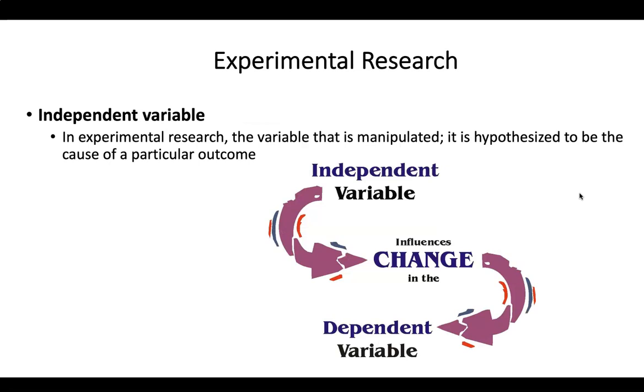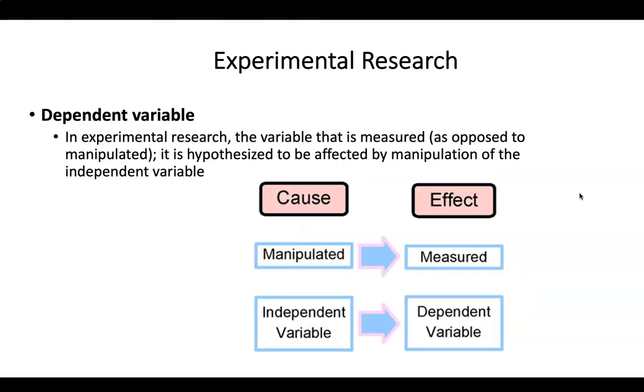Again, you've got at least two variables that you're looking at. The key thing is the independent variable. This is the thing that is manipulated, and you hypothesize the effect. So the dependent variable is, you're essentially trying to understand how the independent variable affects the dependent variable.